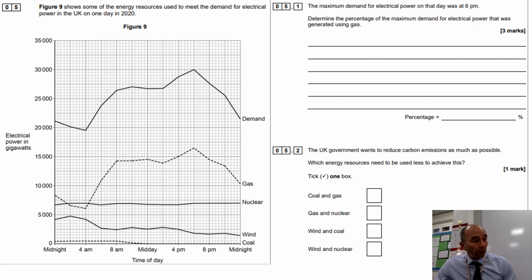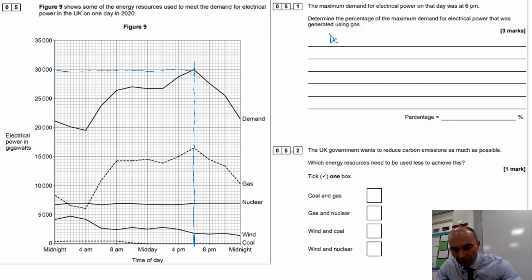Now this is worth 3 marks, and in this case we need to be using the graph. So we need to find 6 o'clock on the graph, which is here, and if we draw that line up, and obviously you can do this much more accurately with a ruler, and we've got the total demand, which at 6 p.m. would be a nice round number of 30,000 gigawatts.